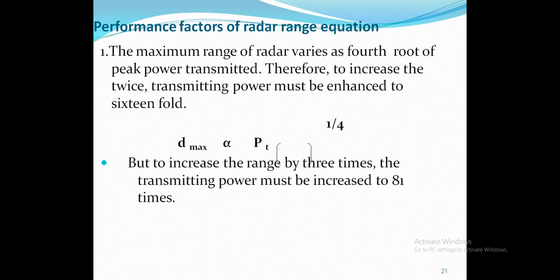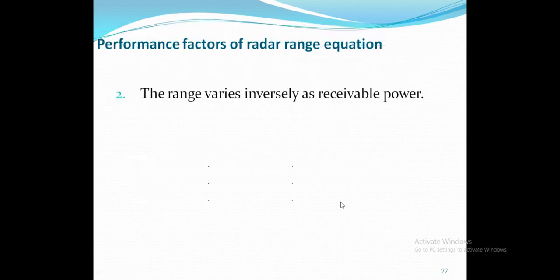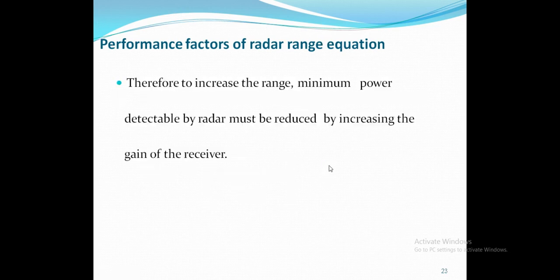To increase the range by 3 times, the transmitting power must be increased 81 times. Here the range varies inversely with the minimum receivable power.